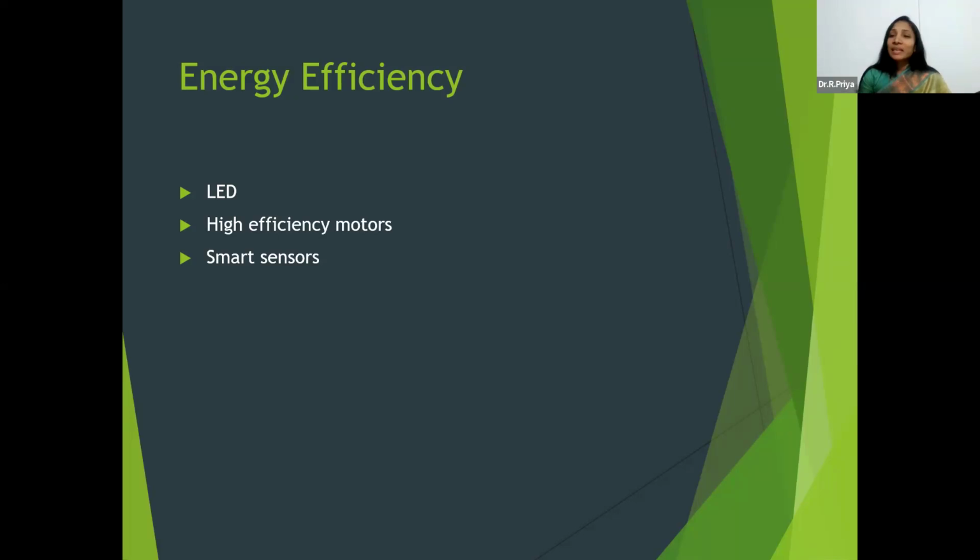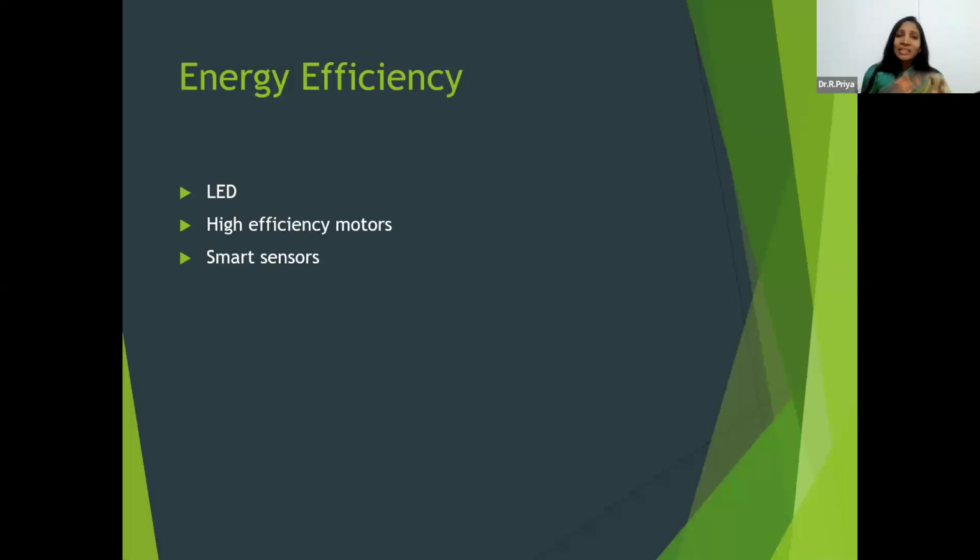For example, the sensor can automatically switch off idle equipment, detect leaks or adjust the motor speed based on load, preventing unnecessary energy waste.